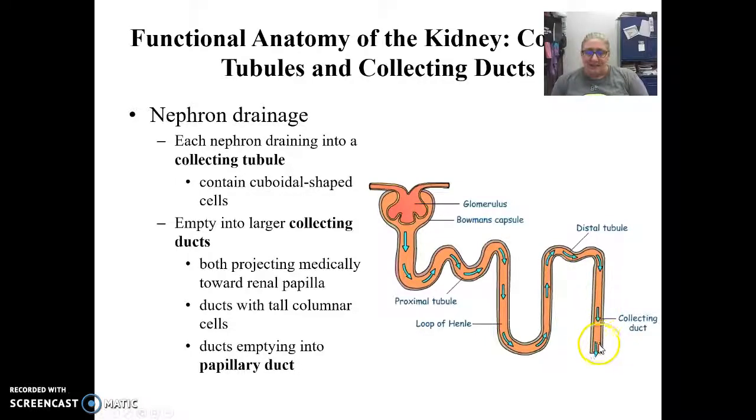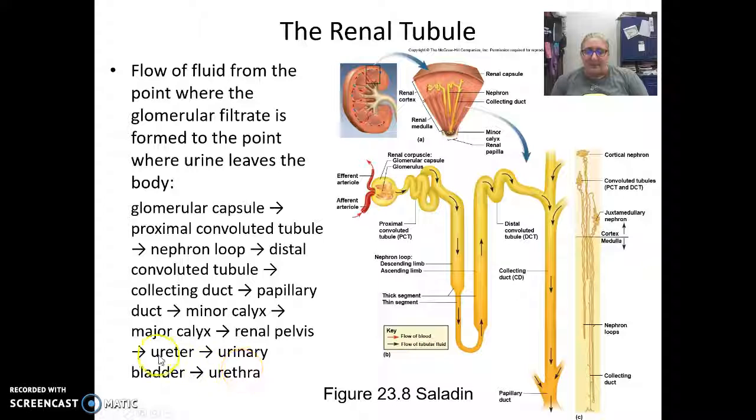So the collecting duct leads into a region called the papillary duct, and the papillary duct then leads to the minor and the major calyx. The minor calyx leads to the major calyx, which leads to the renal pelvis, which leads to the ureter, urinary bladder, and urethra. So this is the basic flow of fluid in the production of urine. Okay?